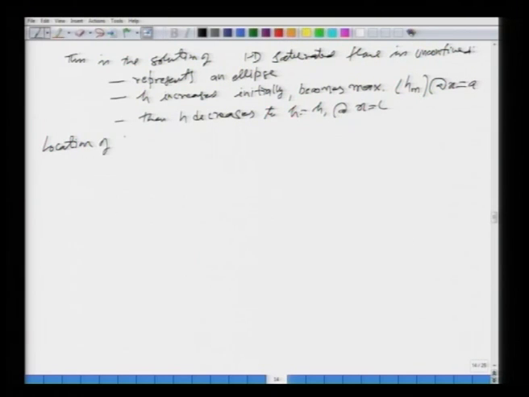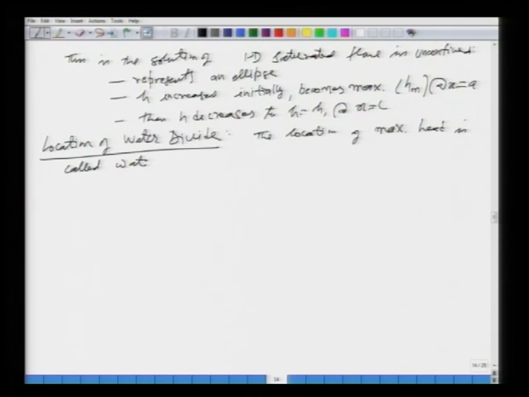The location of the maximum head is called the water divide. Why?